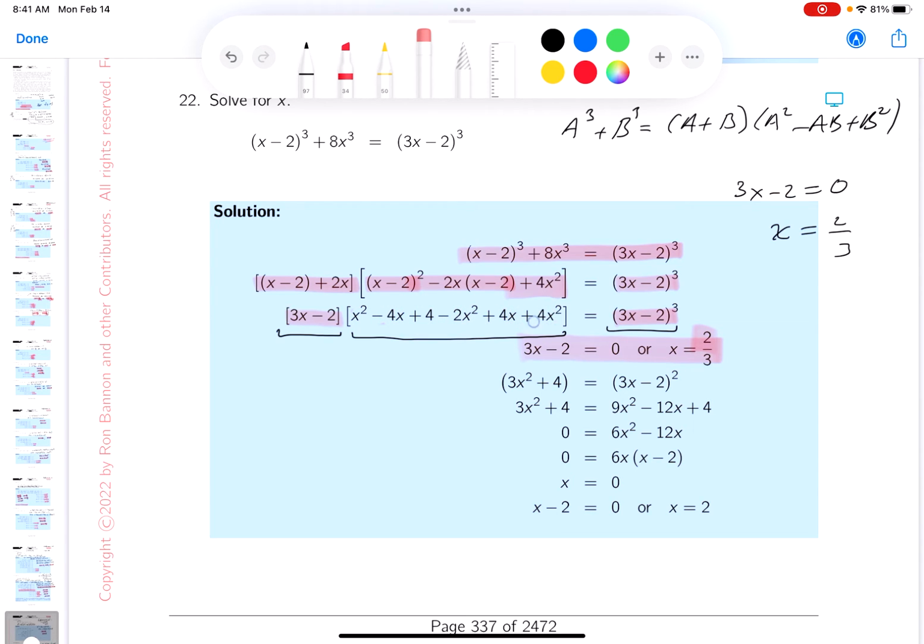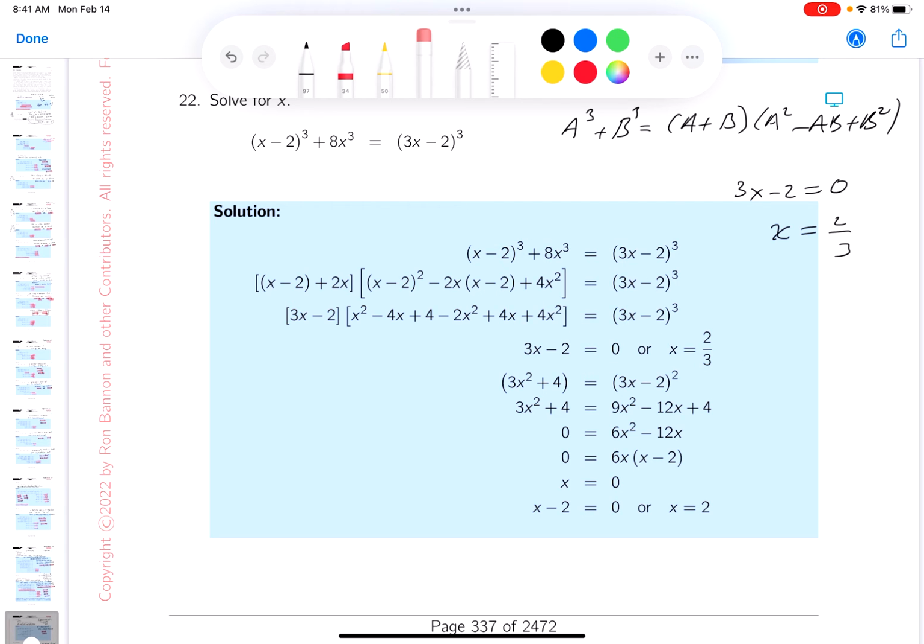I want this also to be equal to 0, by the way. So what do I got over here? x squared minus 2x squared, that's minus x squared, and then 3x squared. Then I got minus 4x plus 4x, no x's, plus 4. I want to write that down for you because somebody's going to say there's a missing step somewhere. Let me erase this.